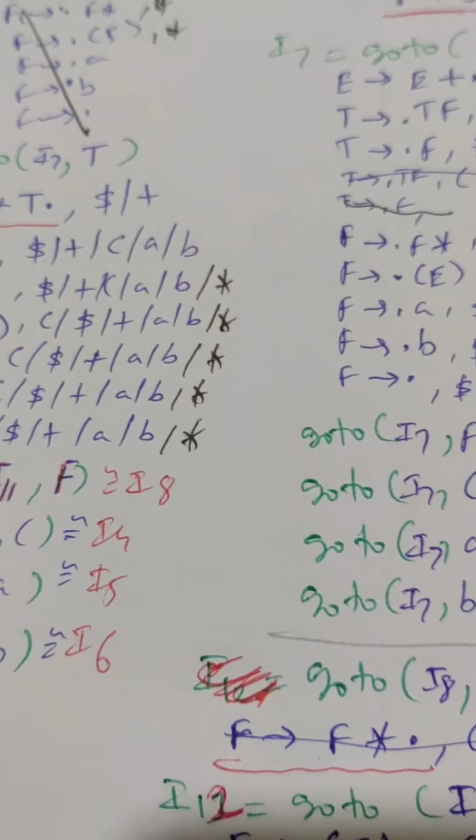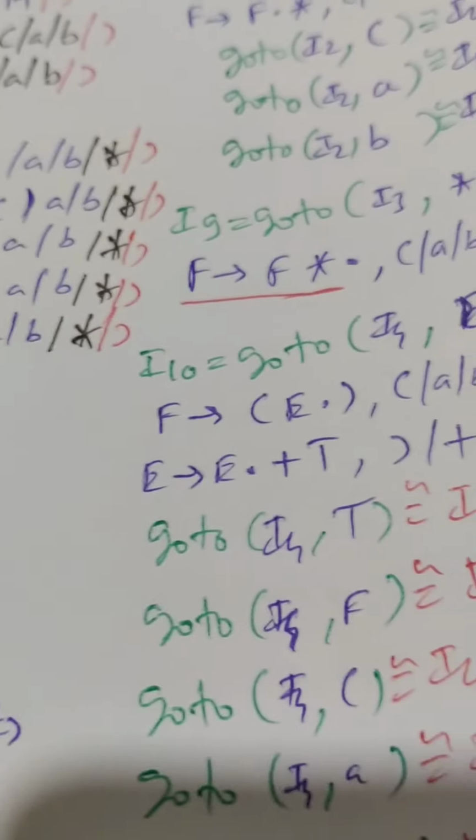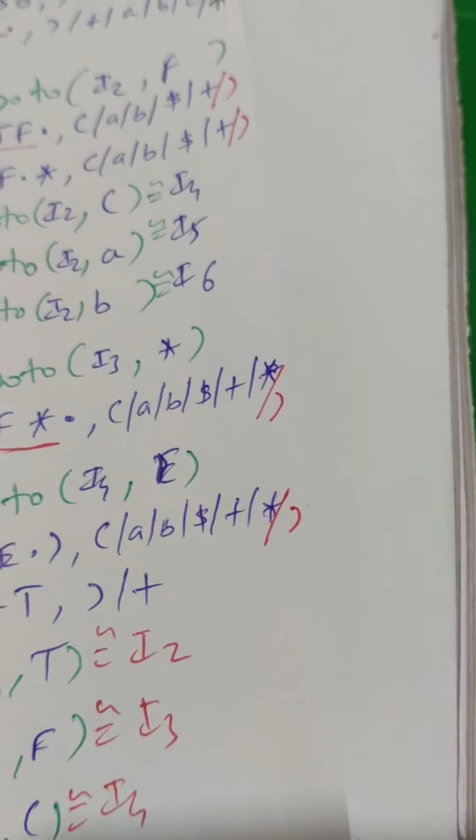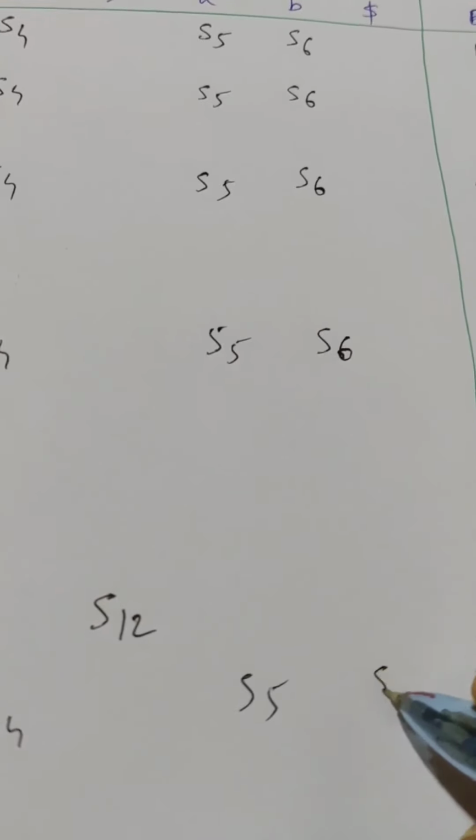Then I11 comma opening bracket is S4, A is S5 and B is S6. Done.